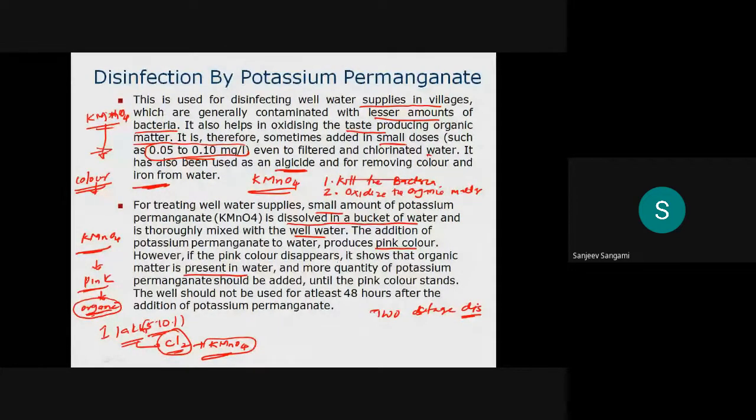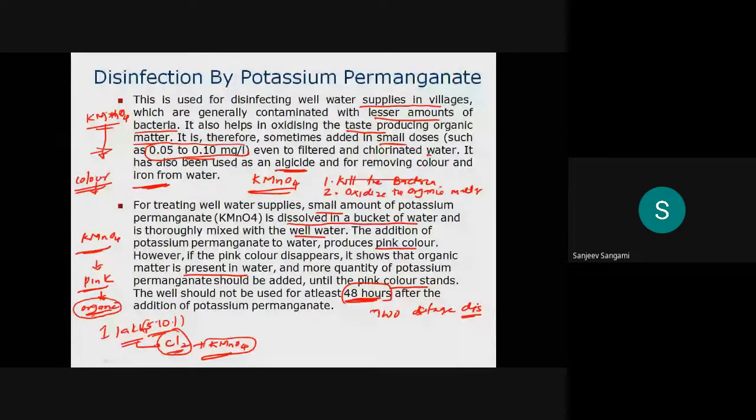More quantity of potassium permanganate should be added until the pink color stands. Then the well should not be used for at least 48 hours. Remember this.